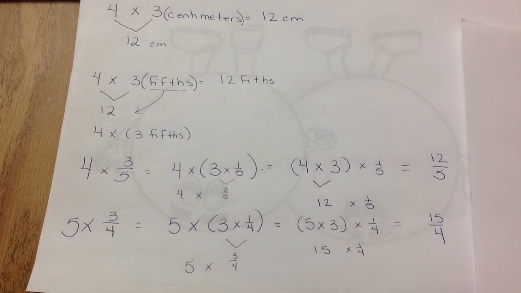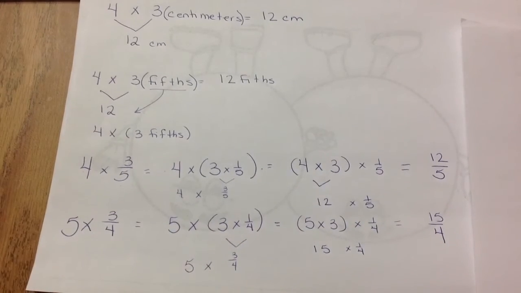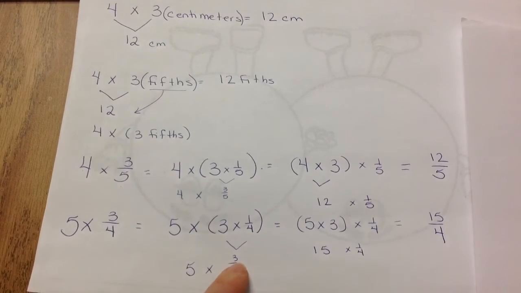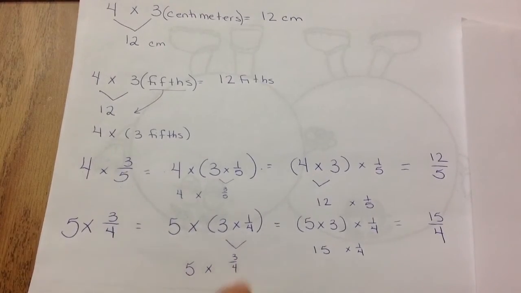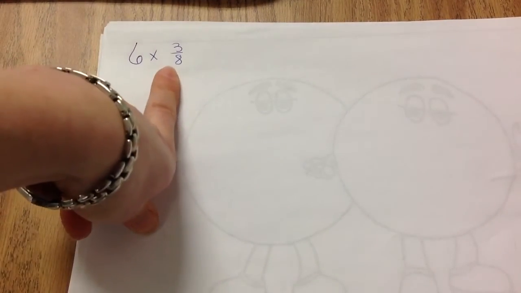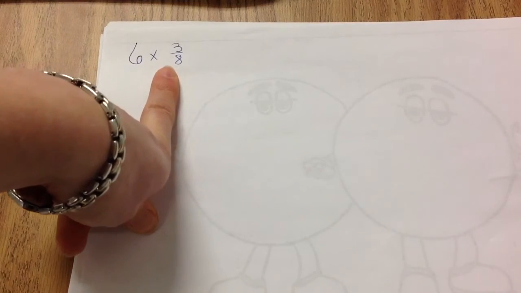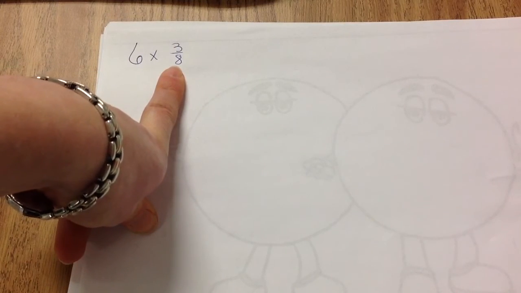So I have 15/4. I got the same answer all the way along, because 5 times 3/4 is also 15/4. I want you to go ahead and write this, and then I want you to write 3/8 in unit form, which means that you are writing it with a number and word. Go ahead and pause while you do that.